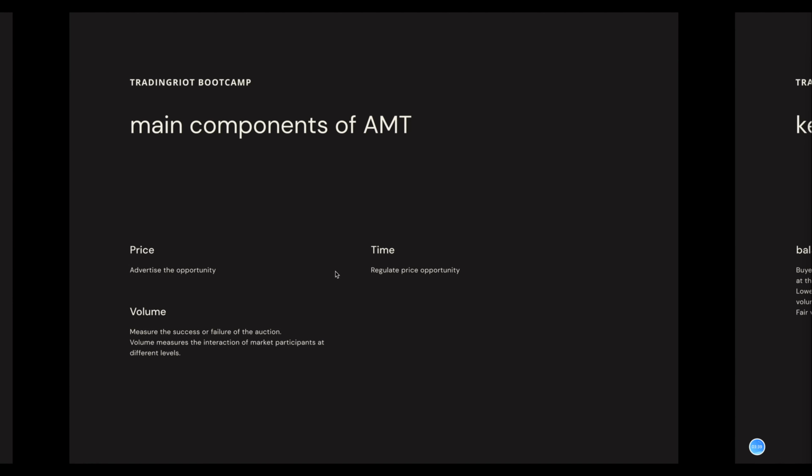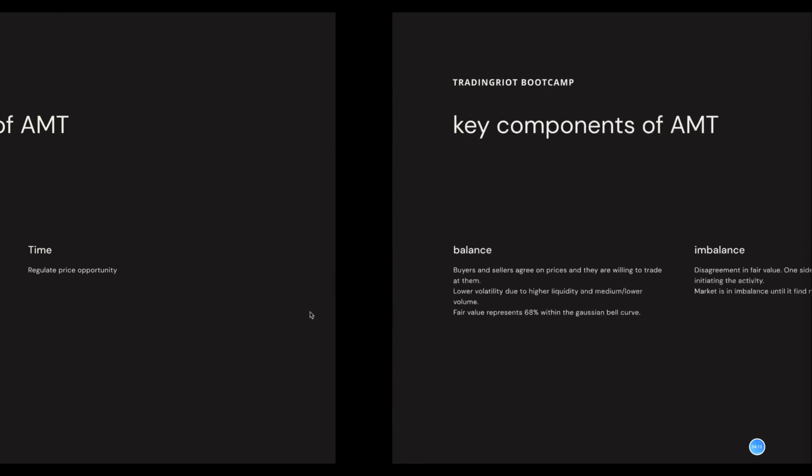By looking at volume, this is your order flow basically, where you are looking at the interaction at the levels, and time also plays a key factor, because especially if you are day trading or focusing on any sort of shorter term trades, you need to execute your trades at the right time, because most of these markets have windows of volatility, and once that is gone, you are just stuck in a position. Okay, so these are the three main components of auction market theory.